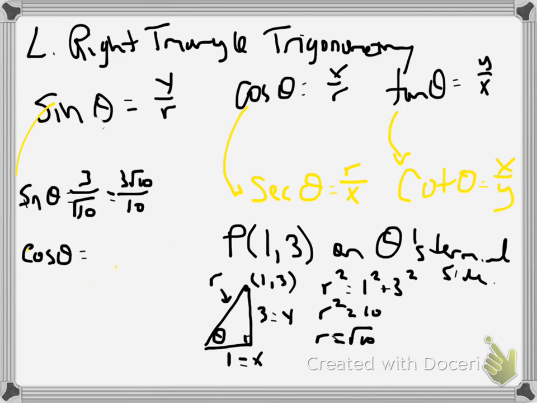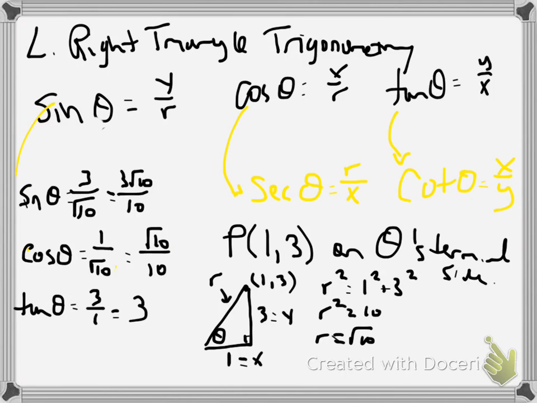Cosine theta is going to be x over r, which is 1 over root 10. Again, you can leave it like that, but just to reinforce that root 10 over 10 means the same thing, I will write it that way. Then tangent of theta is going to be y over x, which is 3 over 1, which is 3.